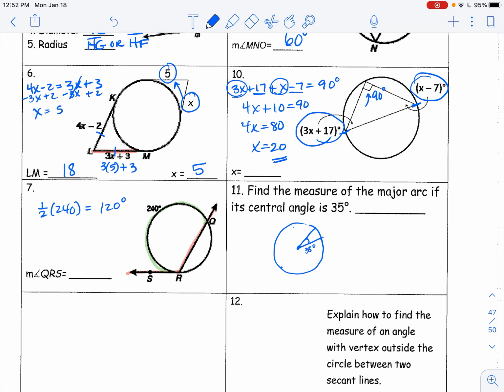This is 35. That means on a central angle, the angle equals its arc. So my angle is 35, my arc is 35. But I want to know what the major arc is. The major arc is this one right here. So I need to take my 360 and subtract 35, and that's going to give me 325.